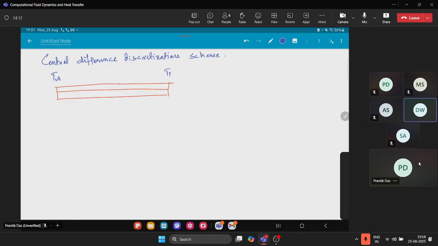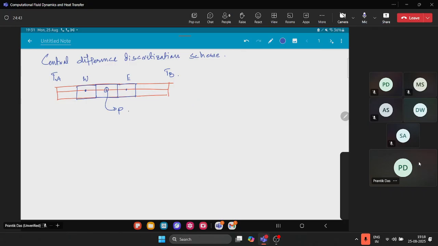Then you take a control volume like this, an arbitrary control volume, where capital P is the center of the control volume. The control volume on the right hand side is capital E, the center of the control volume at the eastern part of the P control volume, and capital W is the centroid of the control volume at the western part.